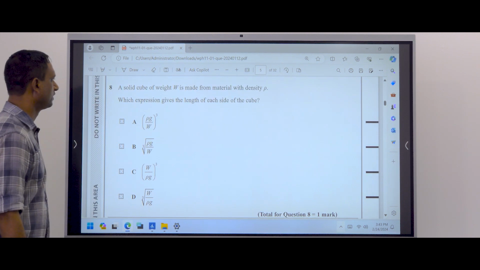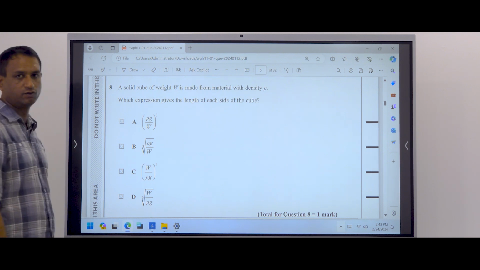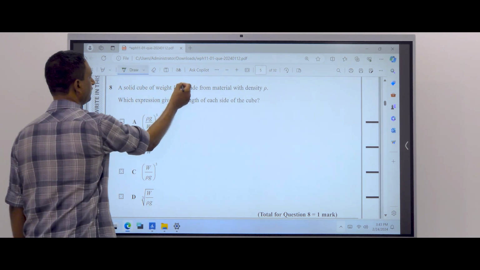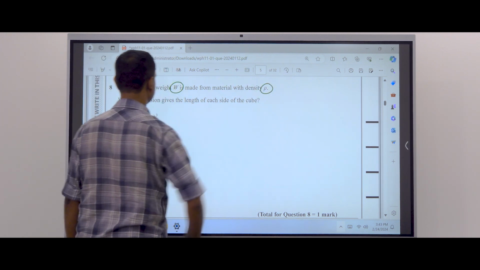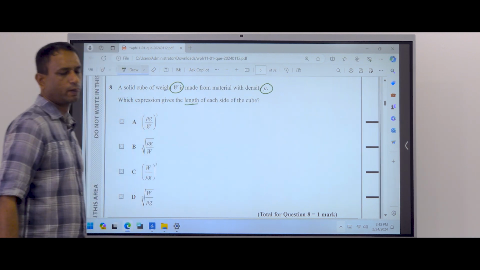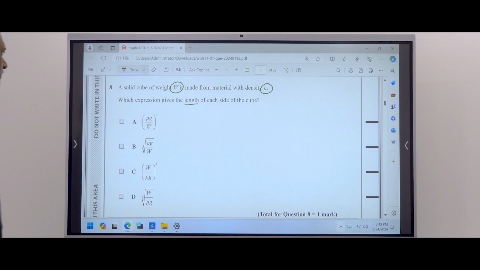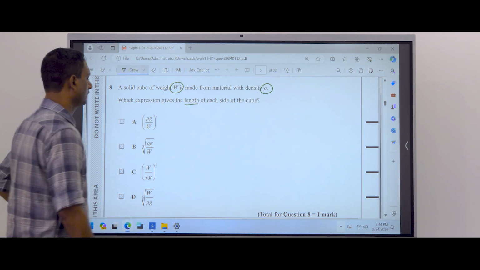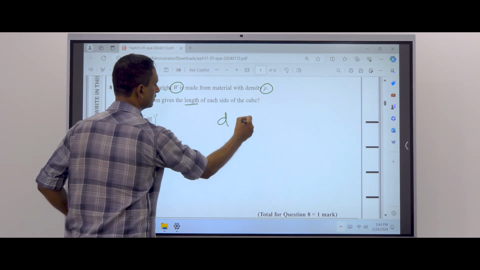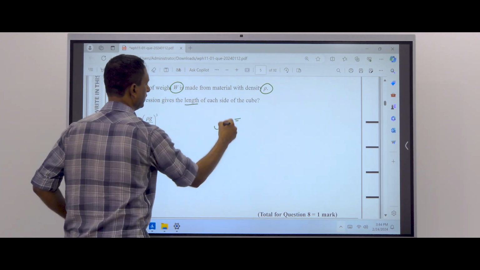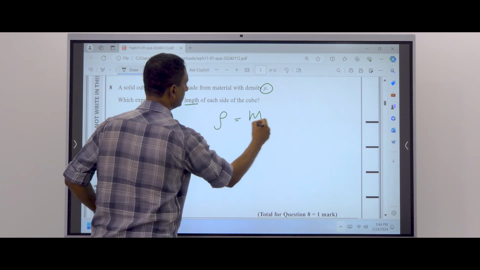A solid cube of weight W is made from material with density rho. Which expression gives the length of each side of the cube? Weight and density are given, and they ask about the length. We do not have an equation connecting length, weight and density, but we have density equals mass over volume.